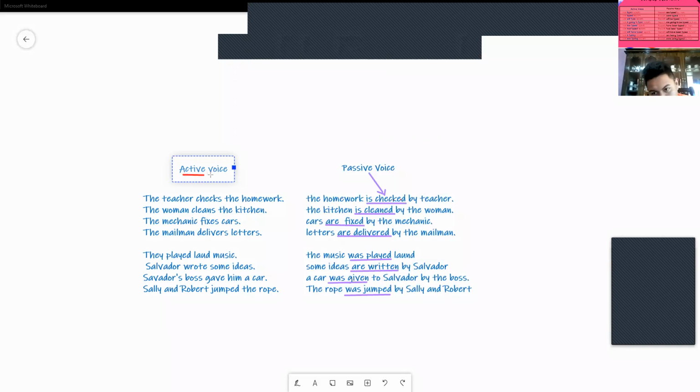Now these are active voice, checks, cleans, fixes, delivers. Then you have played, wrote, gave, and jumped. These are active verbs.